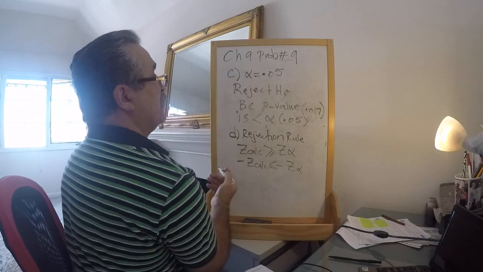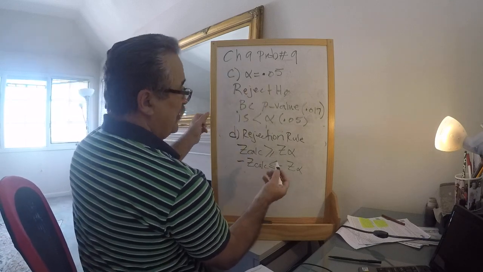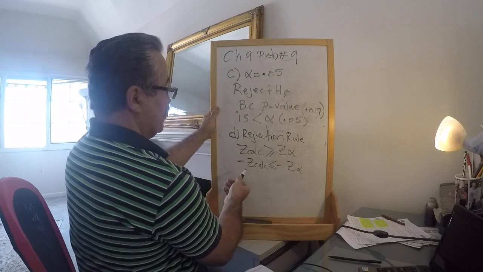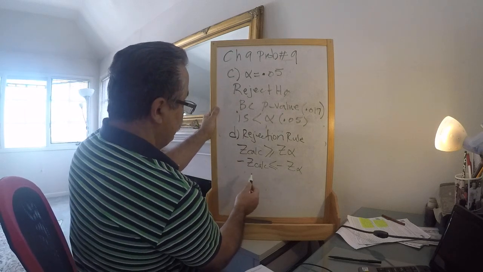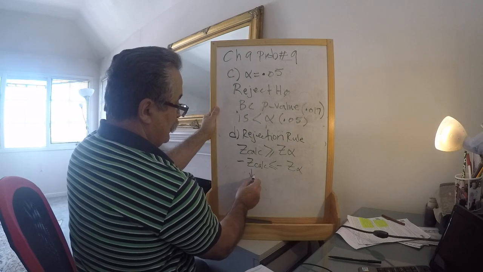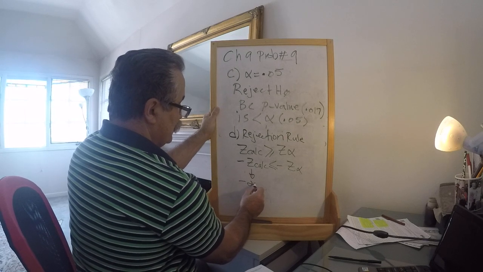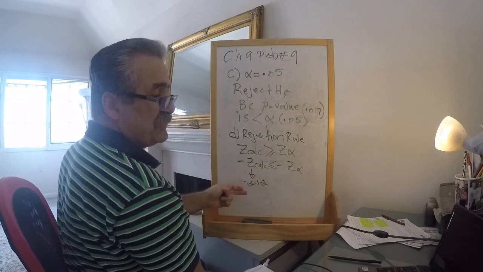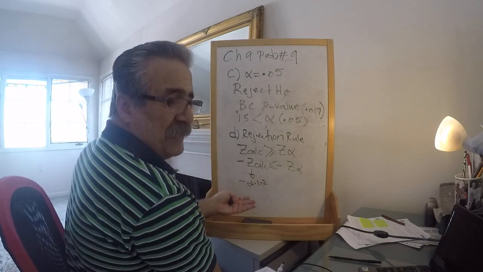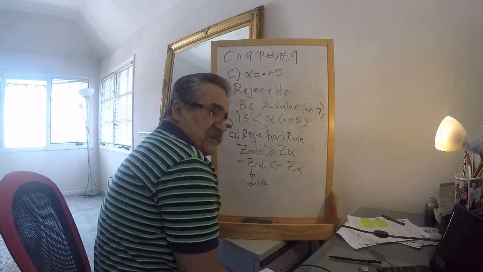Alpha is 0.05, but because the z that we calculated is negative, negative 2.12, z-calc right here is negative 2.12. Then we compare it against the negative z of the alpha.